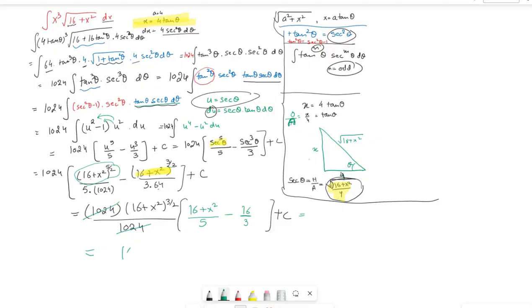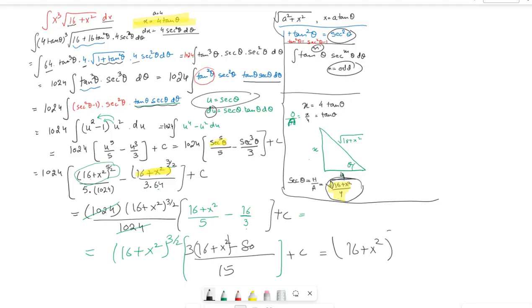This can cancel. So 16 plus x square to the 3 by 2. Here you can just make a common denominator of 15. So 16 plus x square minus 80. 16 times 5, and this has to be multiplied by 3 because of this. So 16 plus x square power 3 by 2, 3x square when 3 multiplies with this. 3 times 16, 48, minus 80.